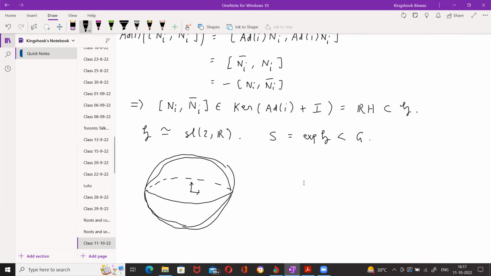This S acts transitively on its image in the symmetric space. Let me call that sigma. This is S dot o. This is H, this is Ni.